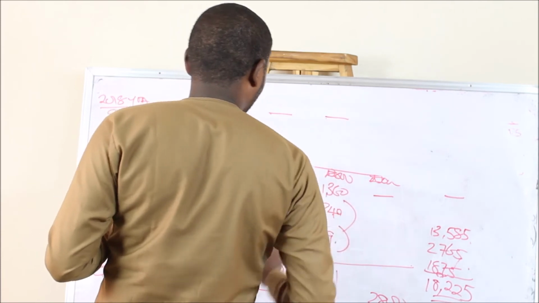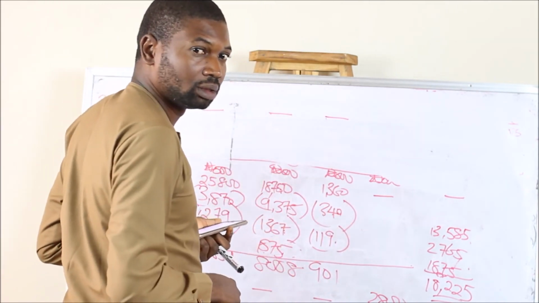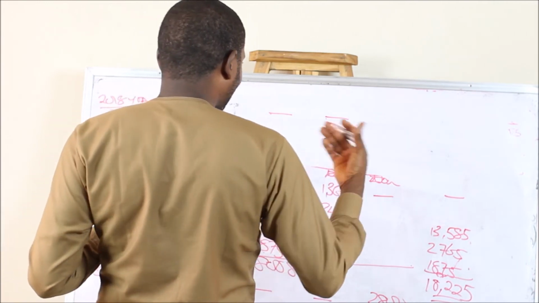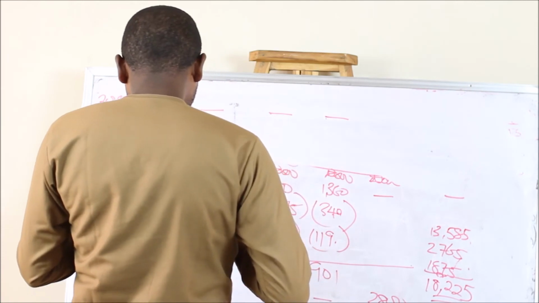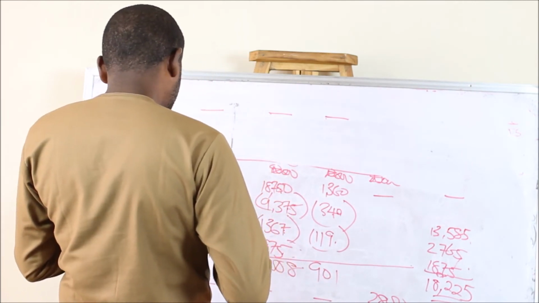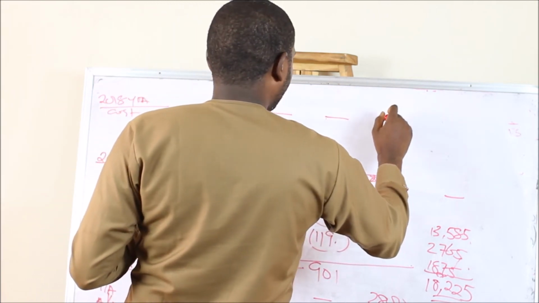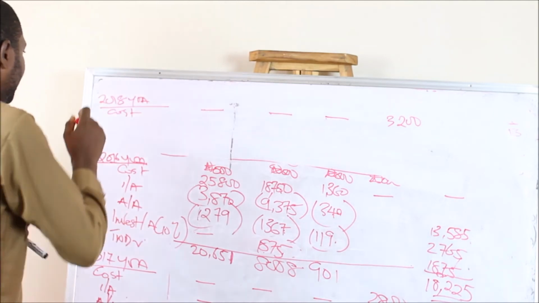For fitting and furniture, dash. Then for motor vehicle, we acquired an additional motor vehicle. The cost of that motor vehicle is 3.2 million, so 3.2 million is an addition. Then again, initial allowance.